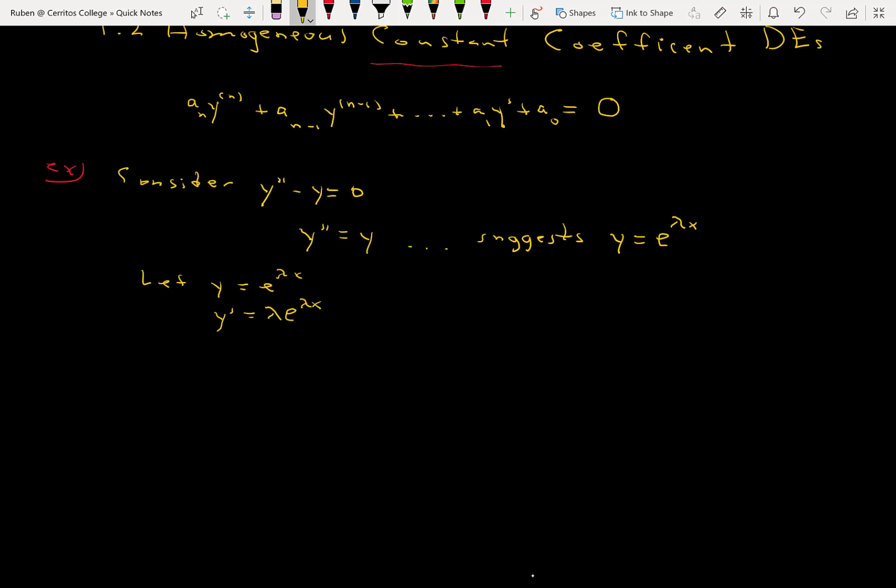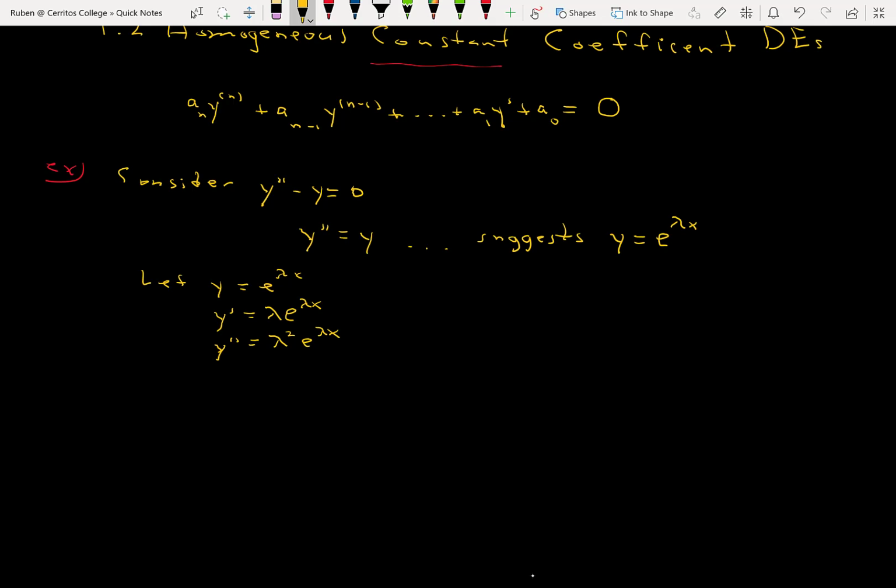So our first derivative is y prime equals lambda e to the lambda x. Well, we need a second derivative, so let's take a second derivative. Again, using the chain rule, we get another factor of lambda, so we get lambda squared e to the lambda x. And then we substitute this function into the differential equation.